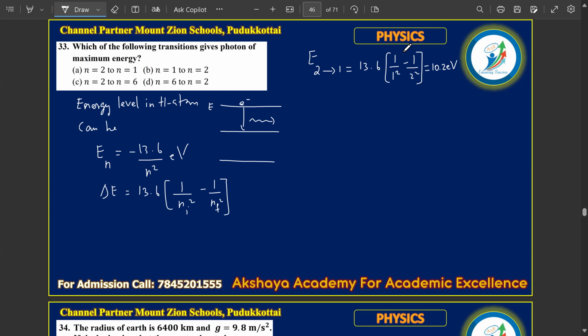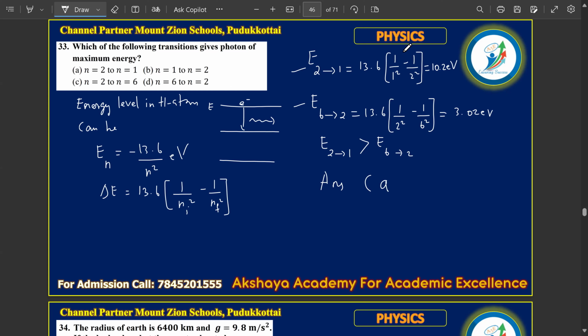Similarly, for the transition from 6 to 2, we get 13.6 into 1 by 2 square minus 1 by 6 square, which gives 3.02 electron volt. On comparing these two transitions, obviously the transition from 2 to 1 has more energy than the transition from 6 to 2. So the correct answer for question number 33 is option A.